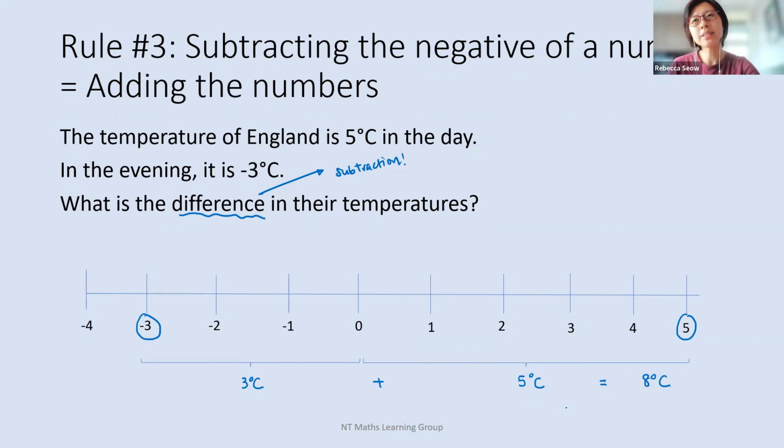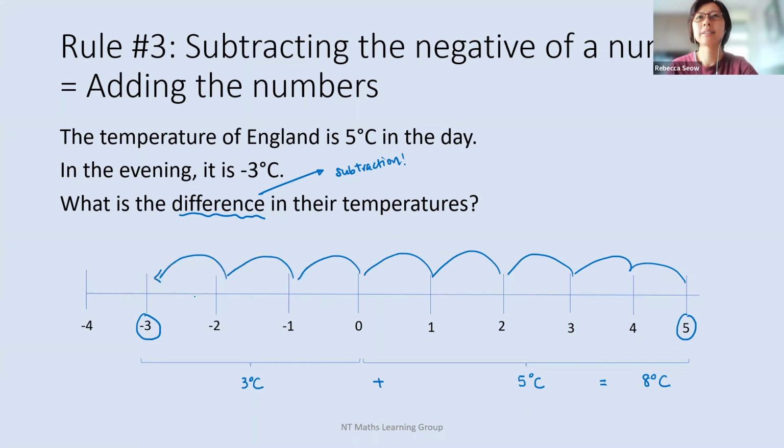Okay, so the difference in the temperature is actually 8 degrees Celsius. As you can see, 1, 2, 3, 4, 5, 6, 7, 8.